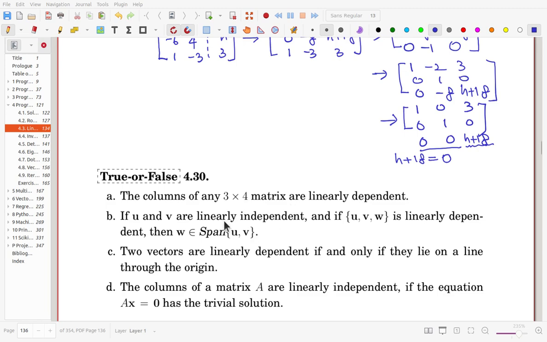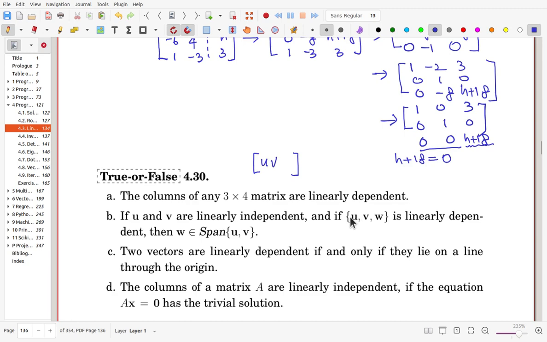u and v are linearly independent, and if u, v, w is linearly dependent, then w must be in the span of u and v. Is it true? Yes, it must be true. If you start with, for example, the matrix of u and v, and that one is linearly independent, that means it makes 2 pivot positions.